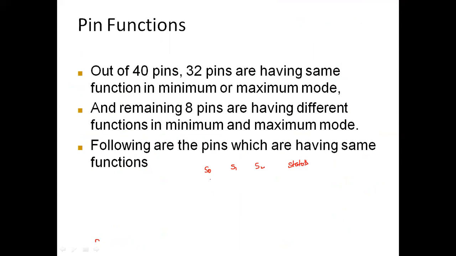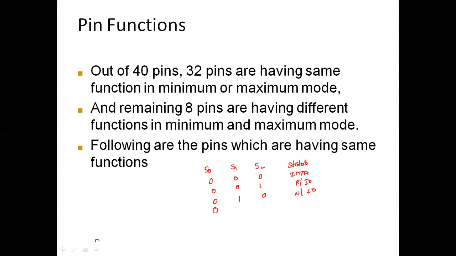If all are zeros, the status is INTA, interrupt acknowledgement. If it is 001, it is a read IO operation. If it is 010, write IO operation.